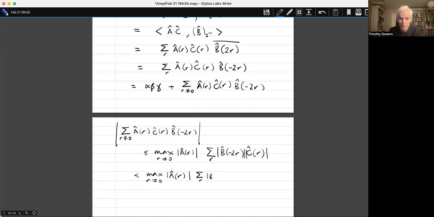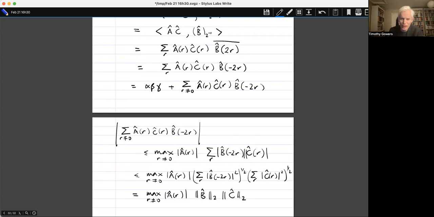Sum over r of b hat of minus 2r squared, to the half, times sum over r of c hat of r squared, to the half, and that equals, again, this first term here, the largest non-zero Fourier coefficient, and then this thing is just the L2 norm of b hat, and this thing here is just the L2 norm of c hat.